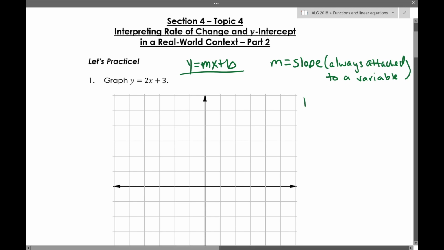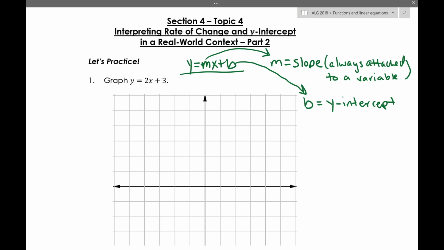Okay, the b in the problem, so we have my m. Now the b in the problem, the b is called the y-intercept. Okay, and as we learned in the previous video, the y-intercept is where the line or the graph hits the y-axis. So where does this graph hit the y-axis?